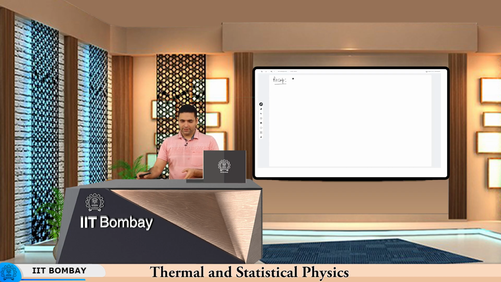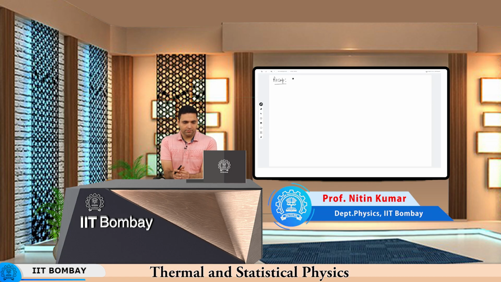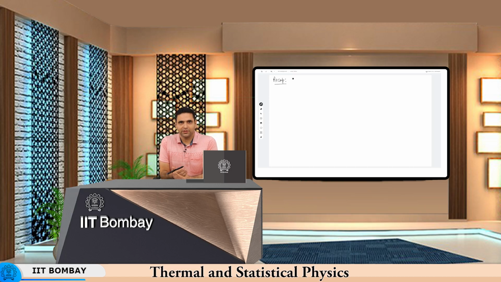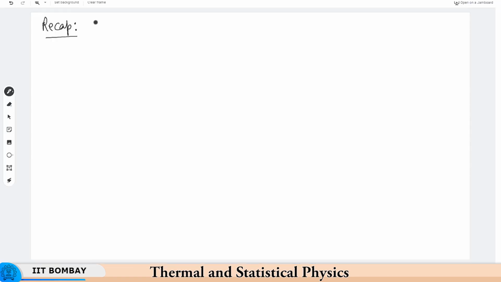So, welcome to the next class of this course. Just to recap, we started with the formulation of kinetic theory of gases, where we are dealing with a large collection of molecules which are not interacting with each other, and the total energy of the system is only due to the kinetic energy of the gas particles.